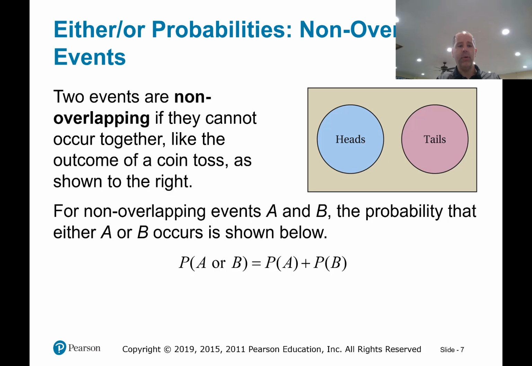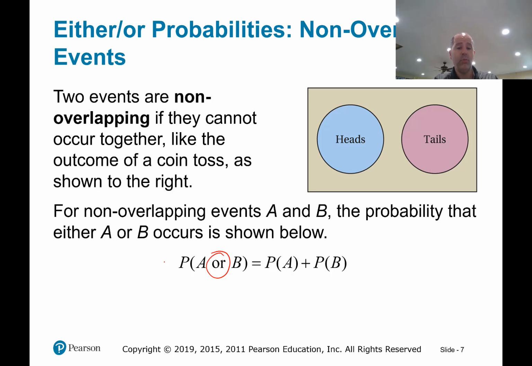Okay. So now, if we have 2 disjoint circles, what if we are interested in or statements? Now we're going to turn our attention to or statements. If we have mutually exclusive events, what does that mean? It means 2 events that cannot happen at the same time.